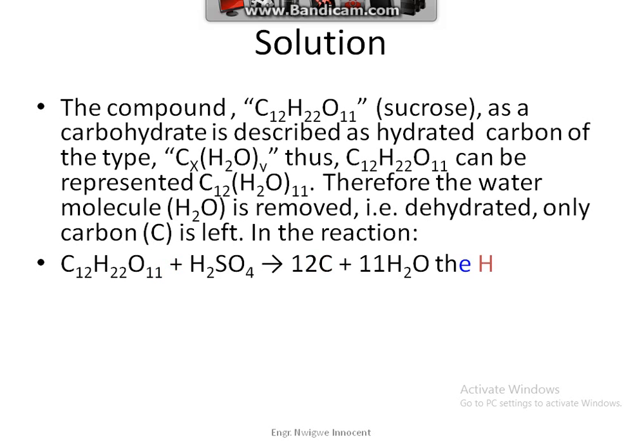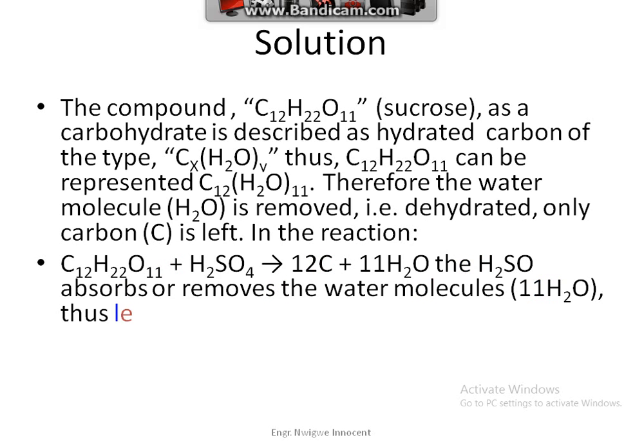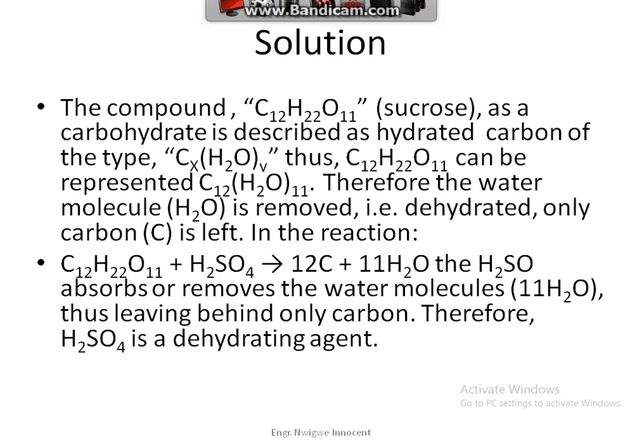Sucrose plus tetraoxosulfate acid gives 12 molecules of carbon plus 11 molecules of water, and the acid absorbs or removes the 11 molecules of water, thus leaving behind only carbon. Therefore, the tetraoxosulfate acid is a dehydrating agent. The answer is C.